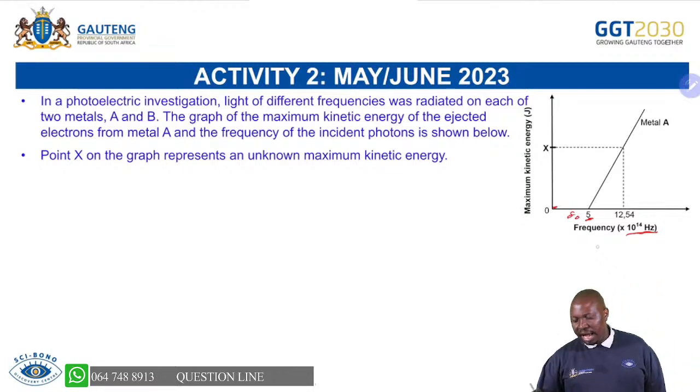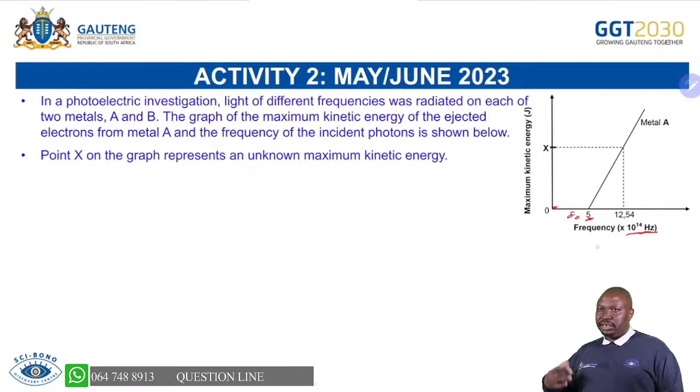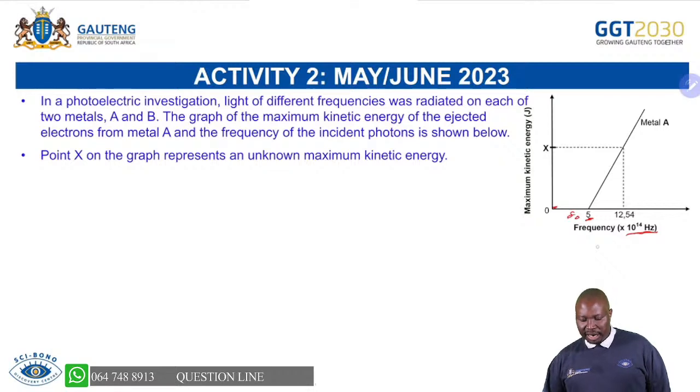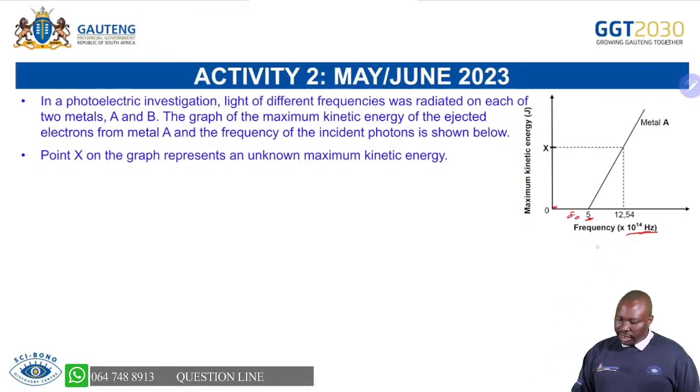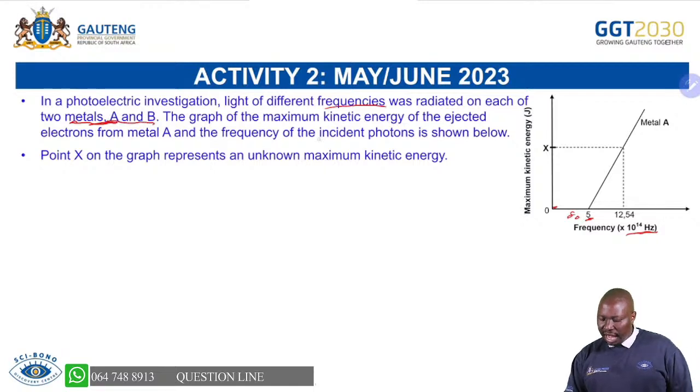So it's important that you have that information before you start answering graph related questions. Now, we are saying here, in a photoelectric investigation, light of different frequencies was radiated on each of two metals. So we have two metals, but the graph is only showing metal A and metal B. The graph of the maximum kinetic energy of the ejected electrons from metal A and the frequency of the incident photons is shown below.